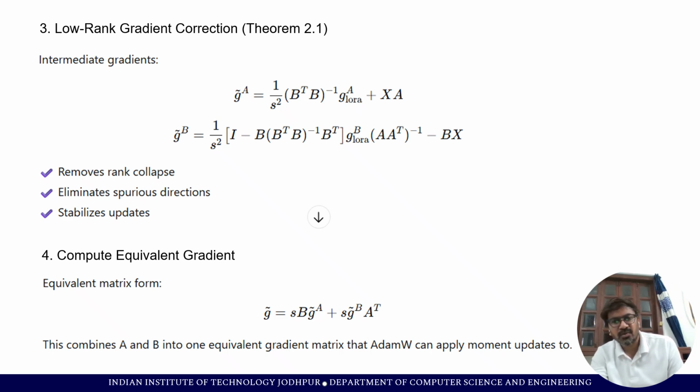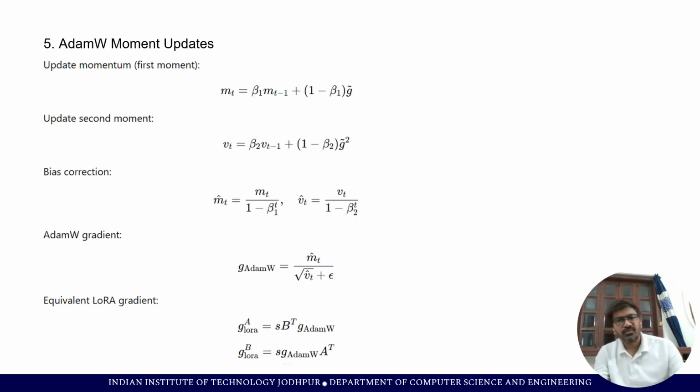Instead of applying AdamW to A and B separately, we construct a virtual equivalent gradient. This represents the gradient of the full weight matrix. Step 5, moments. We then update the AdamW moments, the momentum and variance, using this virtual gradient. This ensures the optimization dynamics match full fine-tuning.